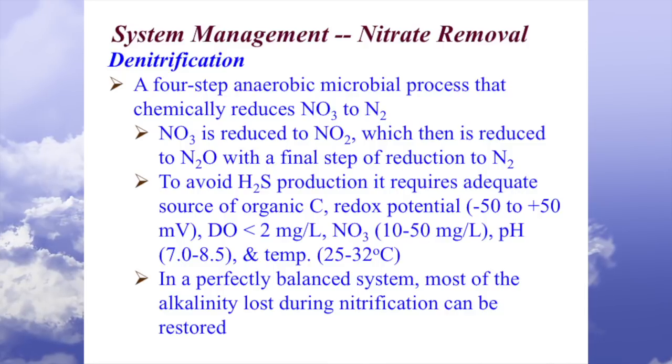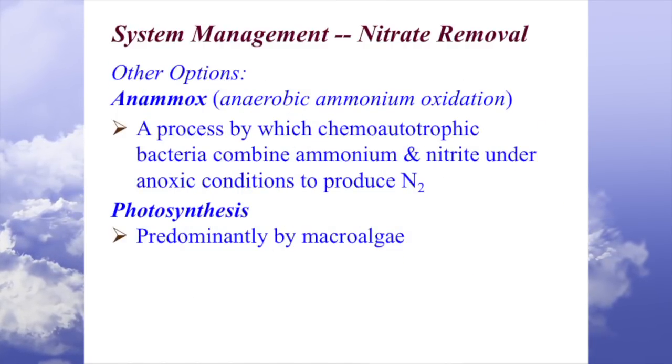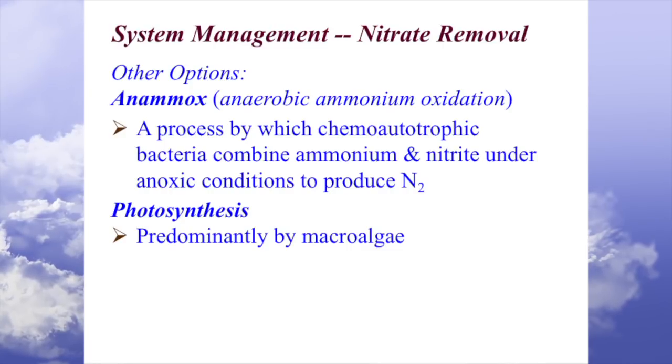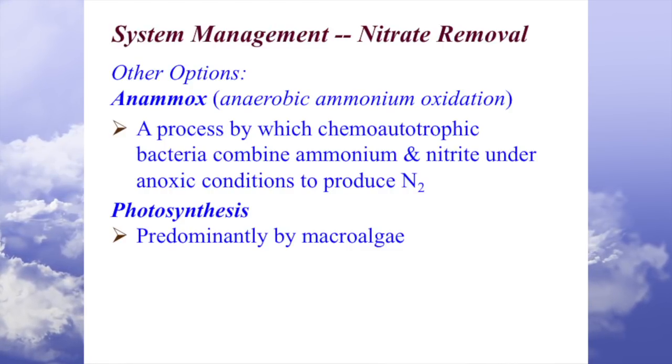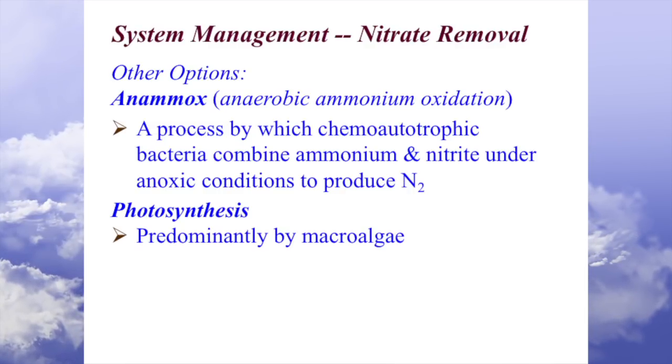In a perfectly balanced system, and that's very important, you can bring back the alkalinity that you were adding on a daily basis because it will be generated and brought back into the system. Other methods that can be considered in some situations are anammox and photosynthesis.